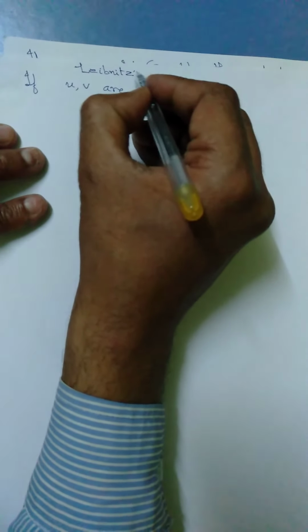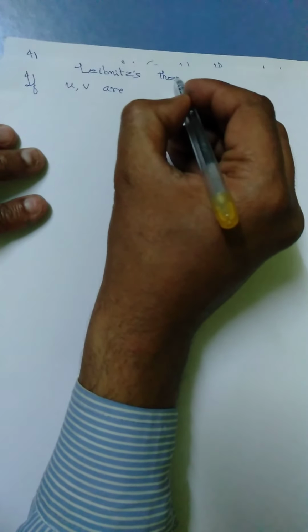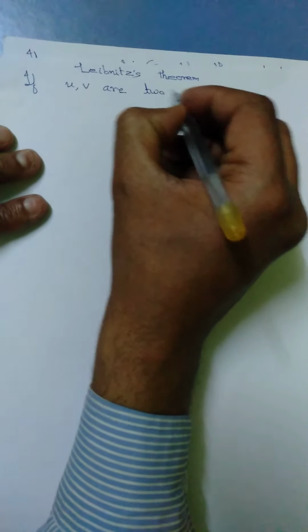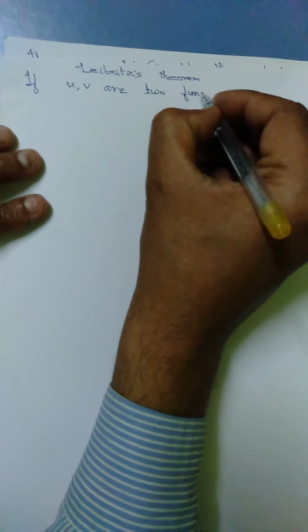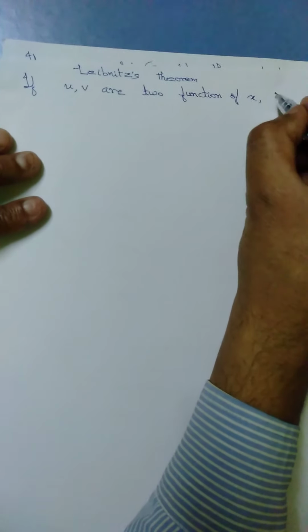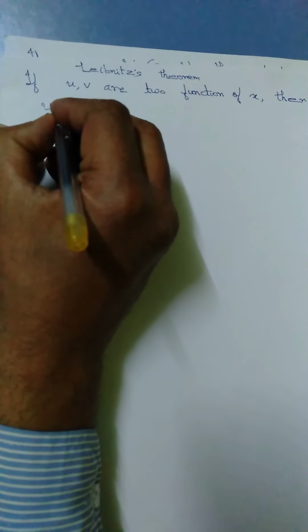If u, v are two functions of x, then uv, let me write v using the black pen. Where do I have the black pen now?